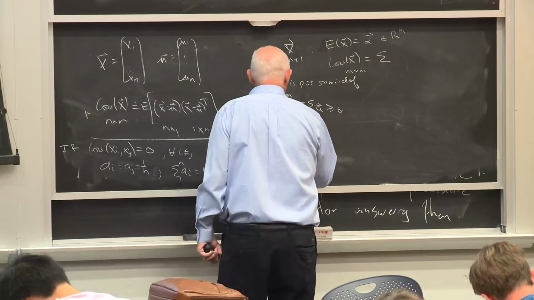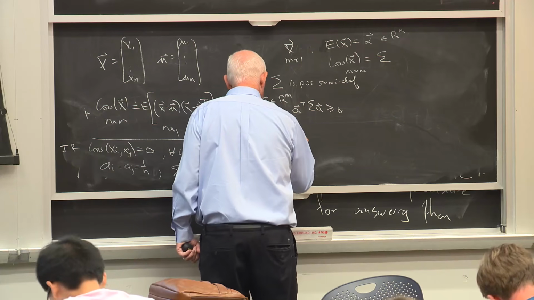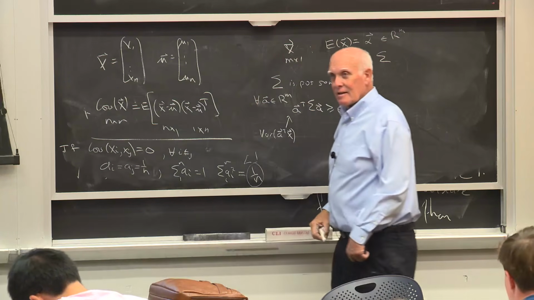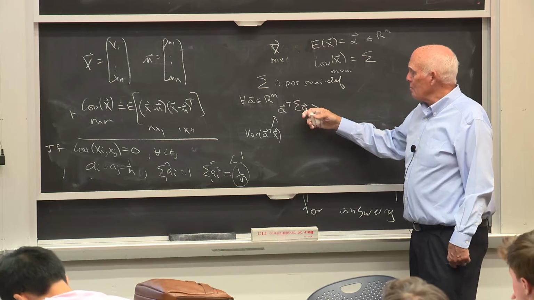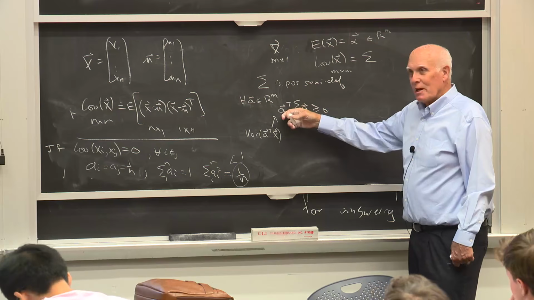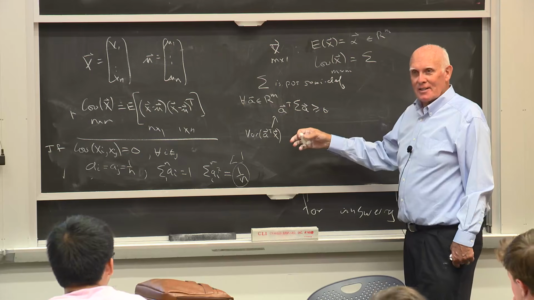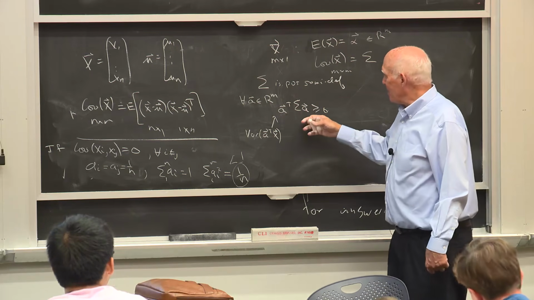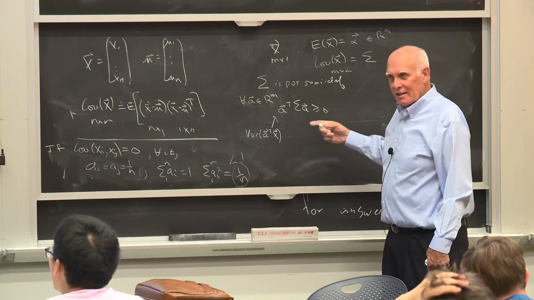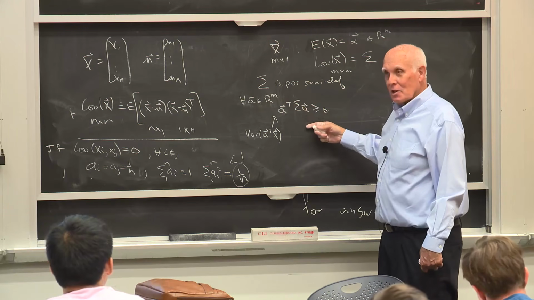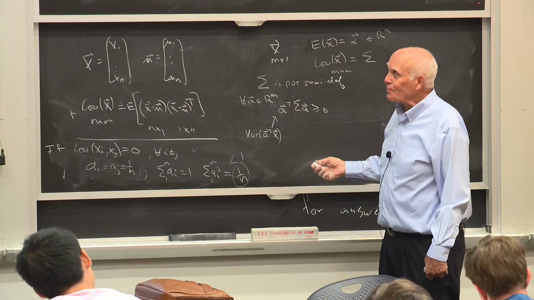And this is actually the variance of A transpose X. So the fact that the variance of the linear combination of the x's is non-negative gives us this result here, which means that the sigma matrix is positive semi-definite.